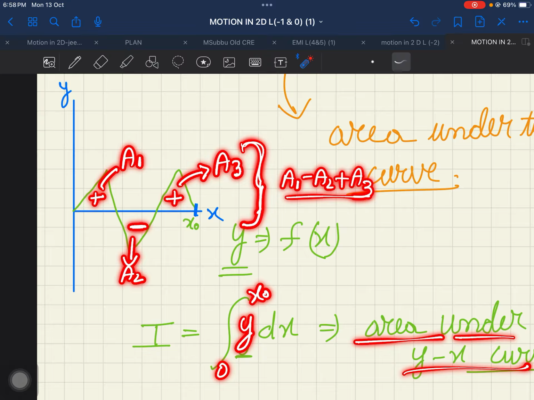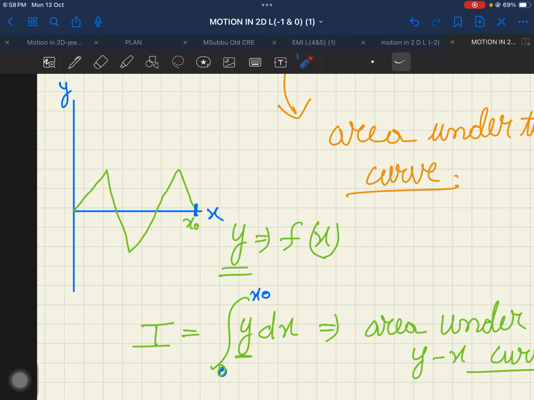This area is given by the integration of y dx from 0 to x naught. If you integrate from 0 to x1, the area will be only a1. If you integrate from 0 to x2, the area will be a1 minus a2. If you integrate from 0 to x naught, the area will be a1 minus a2 plus a3.